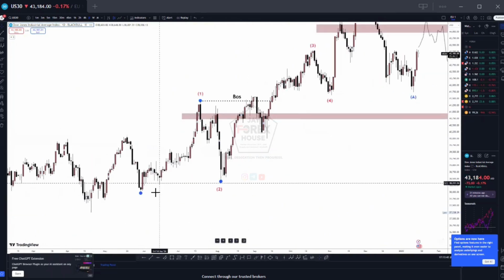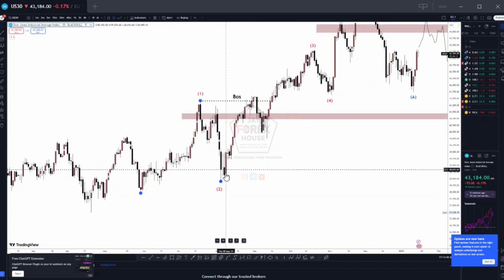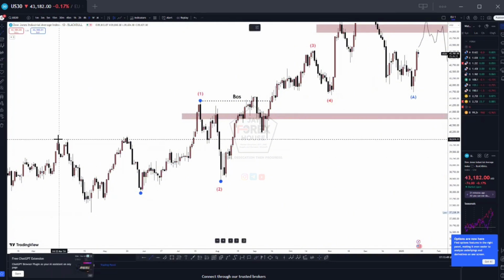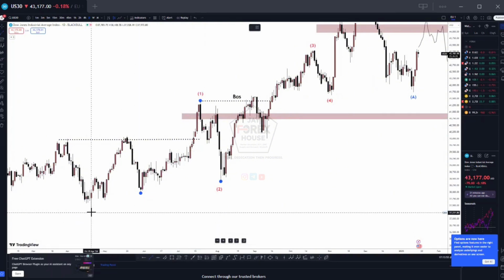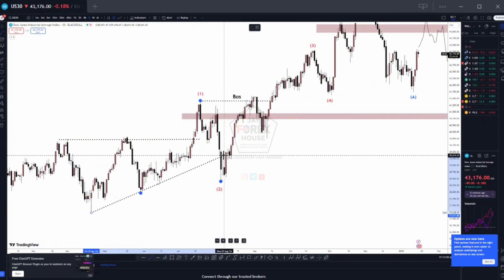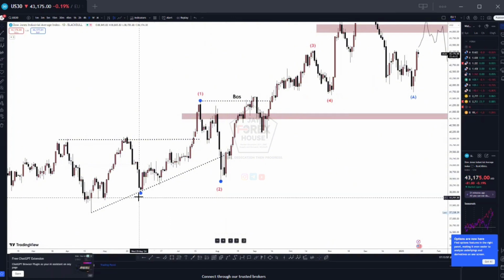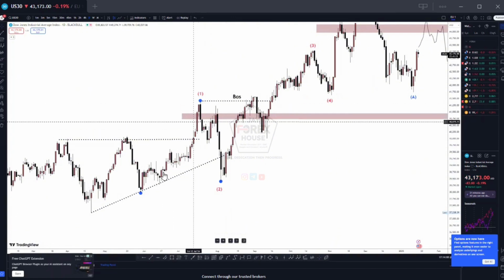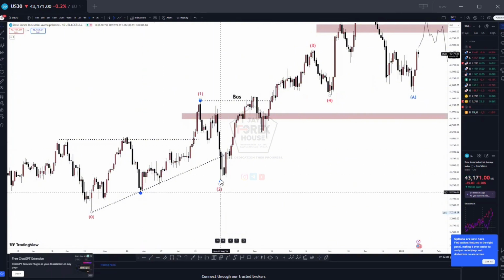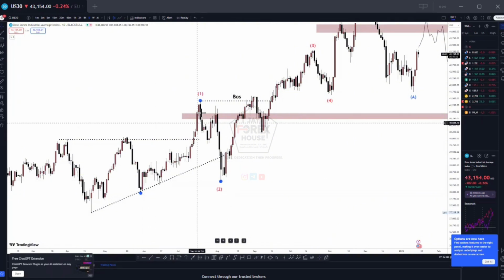But as you can see with the blue dots, I'm still keeping to the rules of market structure. And from this point, we could draw something as simple as a triangle. Okay, to give you insights, you would understand that the major trend started from this low, which never got invalidated over here. Okay, so this is my reason for picking this as wave one and this as wave two retracement.